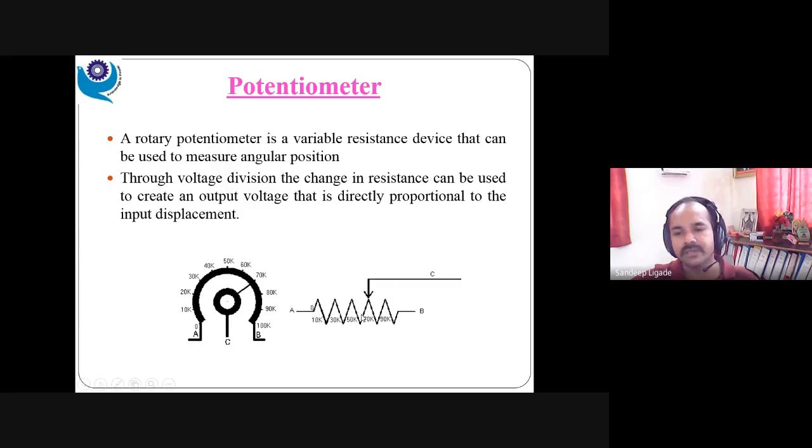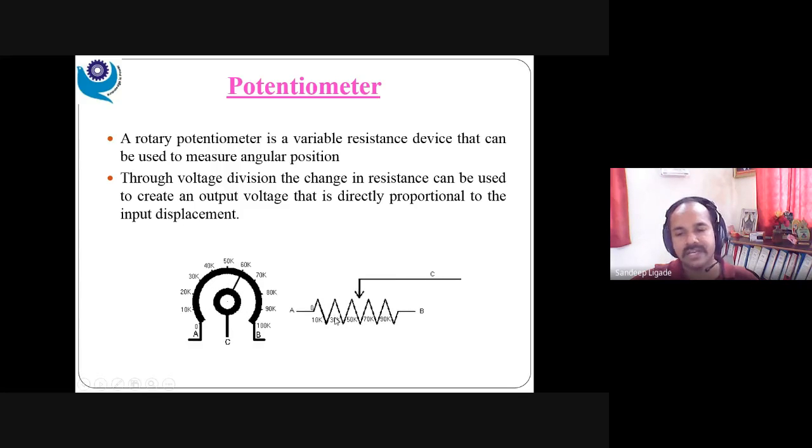Similarly, in a linear one, this is called a rheostat, a linear potentiometer or linear resistor. There is a linear movement over here, A and B both are fixed, and this one is variable, continuously moving.